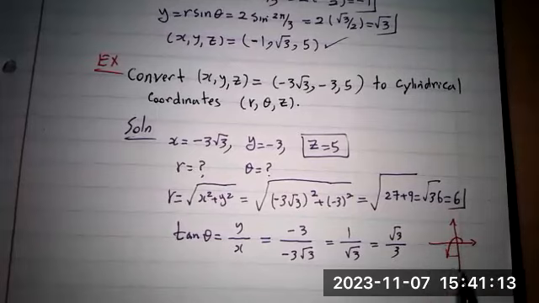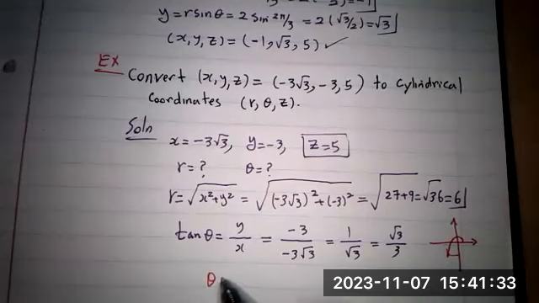So the tangent, radical 3 over 3, is the tangent of 30 degrees. It's 30 degrees, but you have to bring the 30 degrees here. So you have 30 degrees plus 180, which makes 210. So theta is going to be 7π/6.